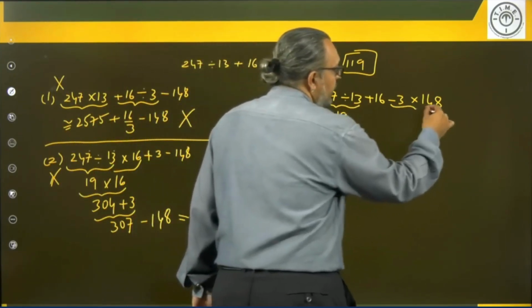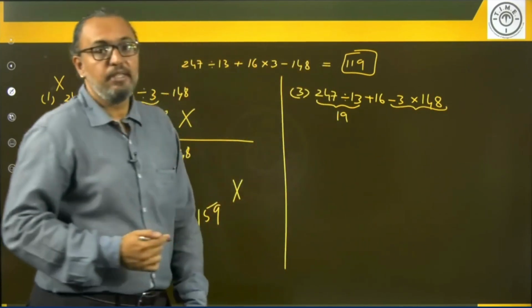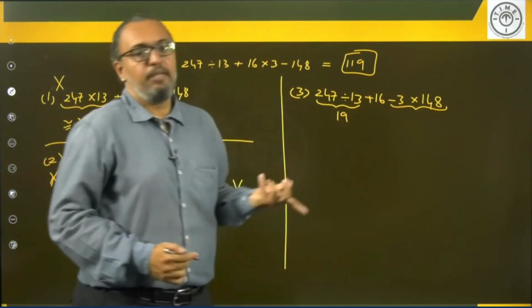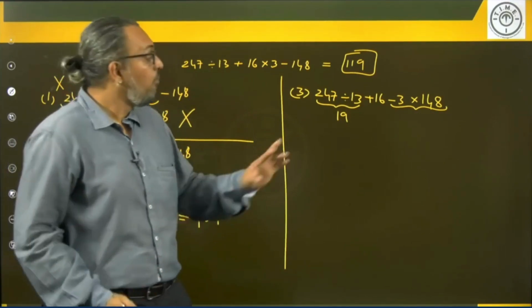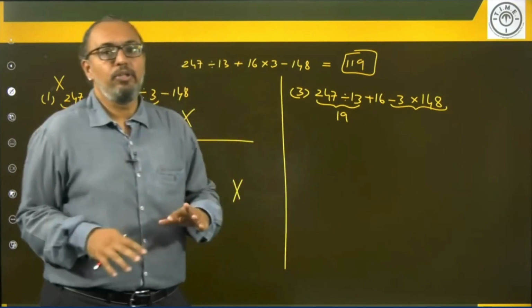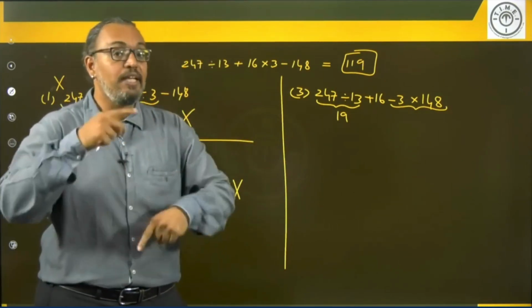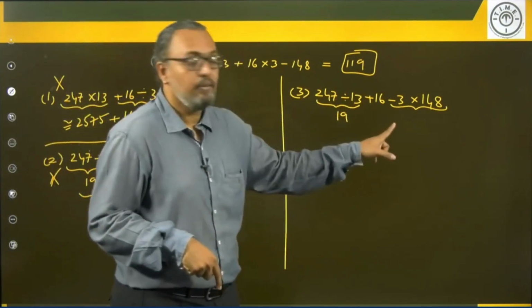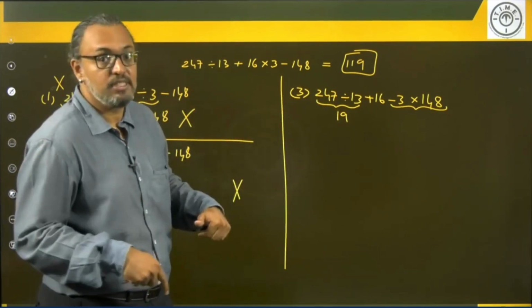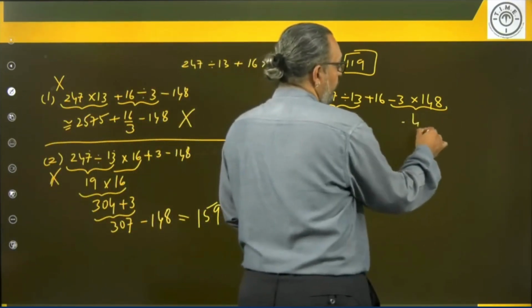And here 3 times 148. So you take 150 into 3, which is 450. But it is 148 into 3, means you have to reduce 2 three times, that is reduce it by 6. So 450 minus 6 is 444.